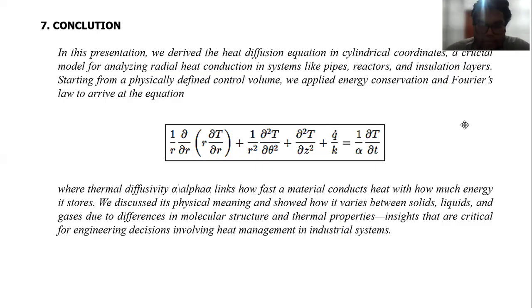And we found the thermal diffusivity alpha. Alpha links how fast a material conducts heat and how much energy it stores. We discussed the physical meaning for solids, liquids, and gases, and we made some deductions about these kinds of materials.